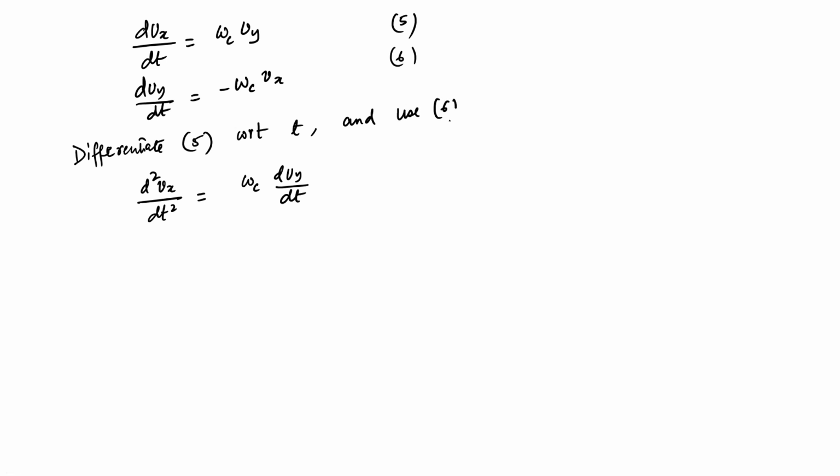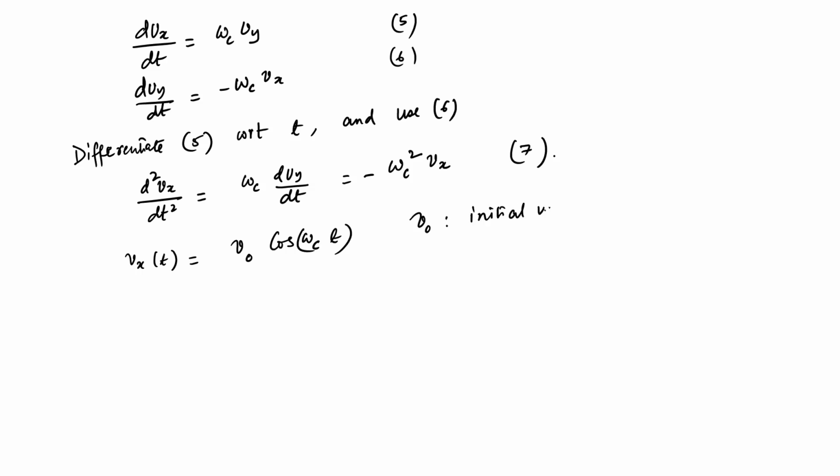So, that tells you it is minus omega c square Vx. Now, at the second order level, it becomes decoupled. So, d2Vx/dt2 is equal to minus omega c square Vx, which we call equation 7, and 7 has a solution Vx of t equal to V0 cosine omega c t, where V0 is some initial velocity at t equal to 0.